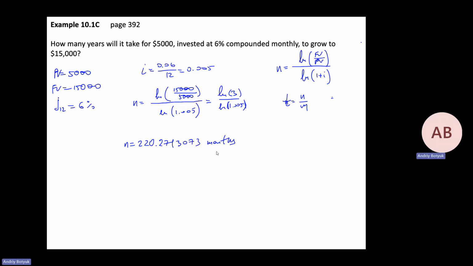It's months. So next step, what? To find t, basically I divide by 12. So that's years. Well, for this question, we could say 18.4 years.